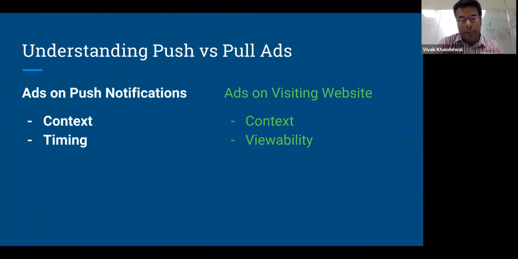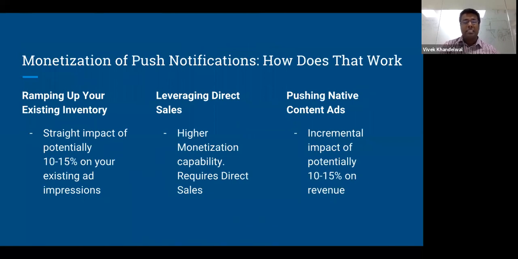Now, moving forward, we will look at monetization of push notifications. You as a publisher or marketer have fundamentally three levers in your hands. Number one, indirectly driving monetization of your site. As you push more notifications, engage your audience, and drive more traffic to your own website, you're ramping up your existing inventory.